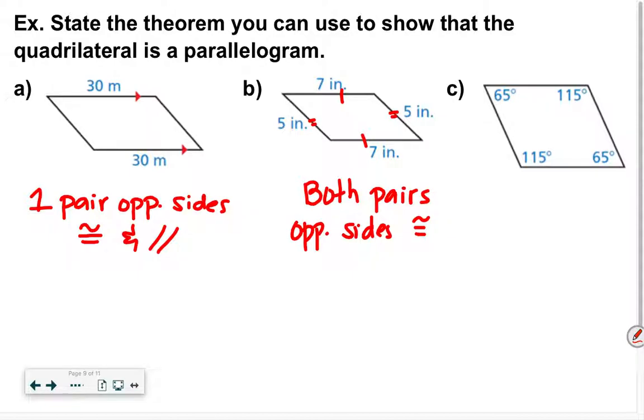Very good. Show that both pairs of opposite angles are congruent. Awesome. Absolutely. Nice job. So again, you can't just put 1, 2, 3, 4, or 5. You have to use this list as your reference, but you have to actually label the reason correctly.